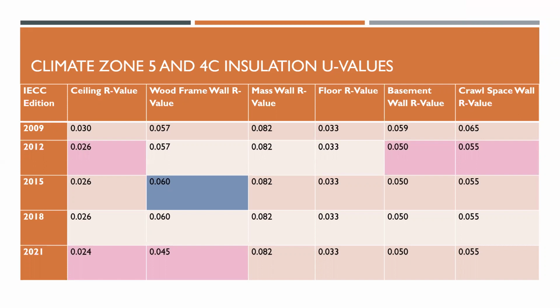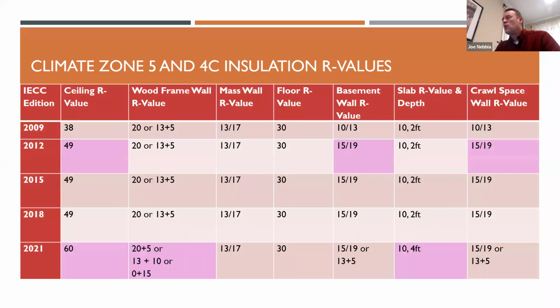But the difference here, Joe, is that mass wall would be above ground assembly and basement wall is below ground assembly. That's correct. So even though it's made of the same thing, your concrete block wall below ground is a basement wall, and you're at R15-19. Your above ground wall, if it's made of a product that has thermal mass, then you'll have this different requirement, or this different target.